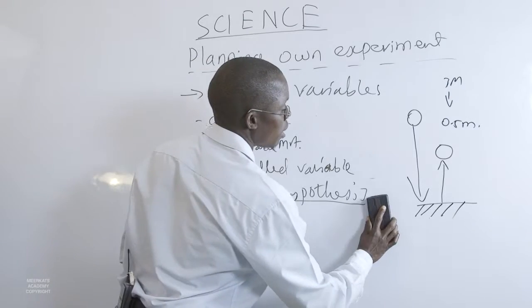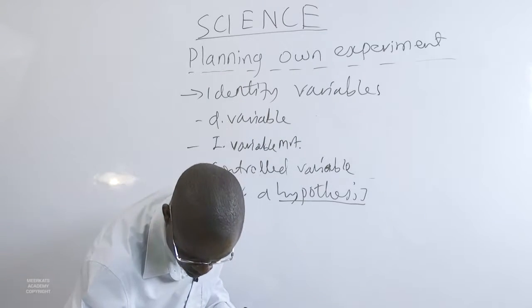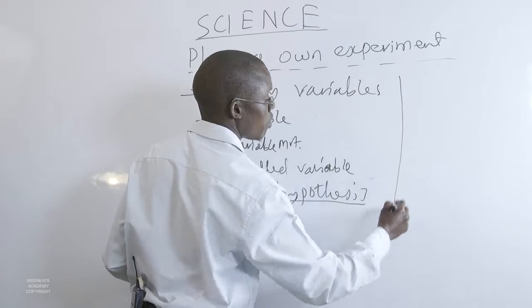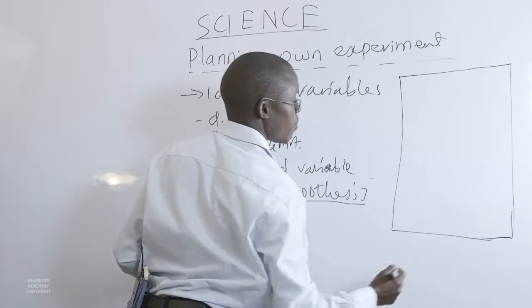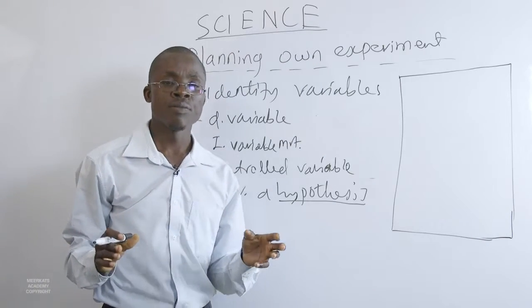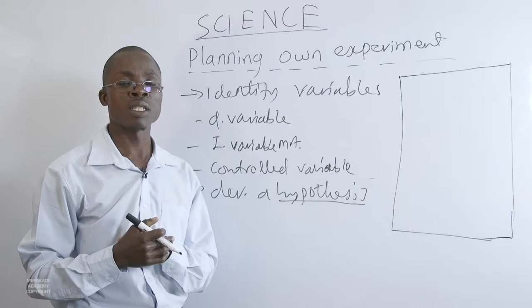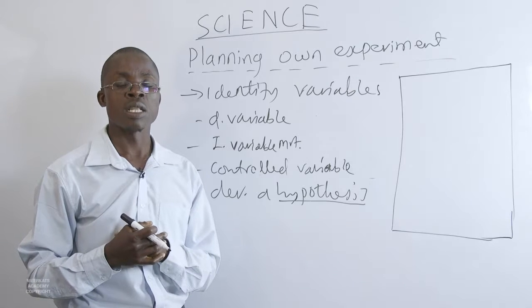So let's look at a table. We look at a table on how we can record. Now remember, in our previous lesson, when we were developing a scientific report, we said that results are the main thing.